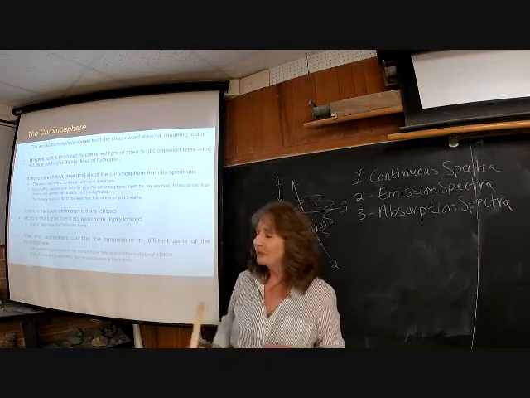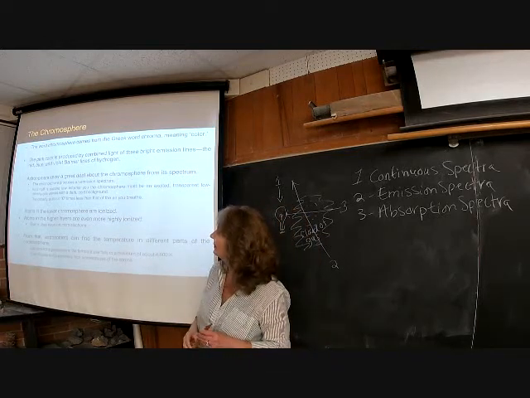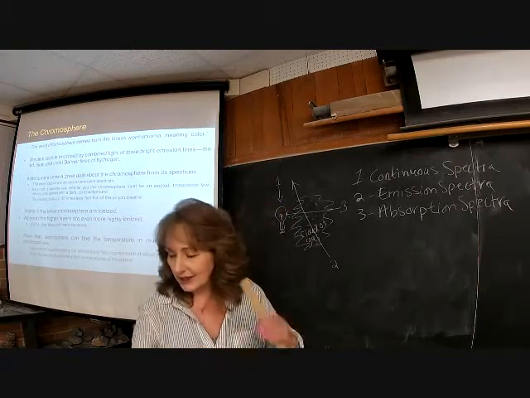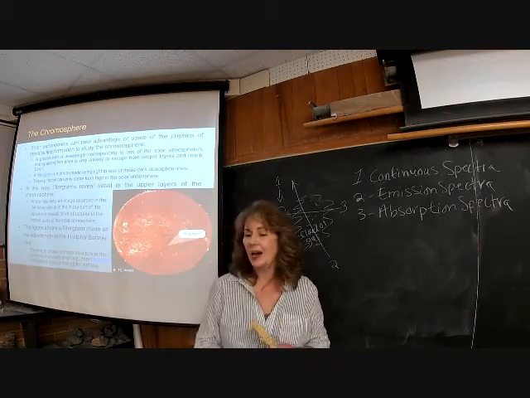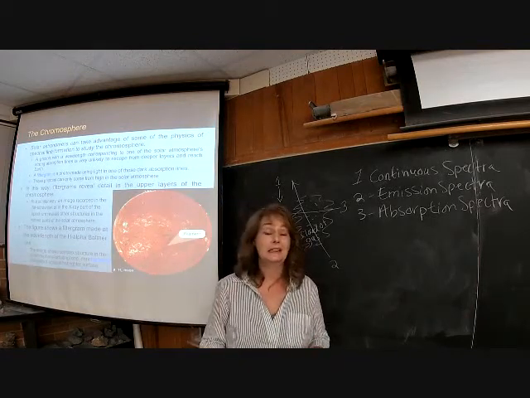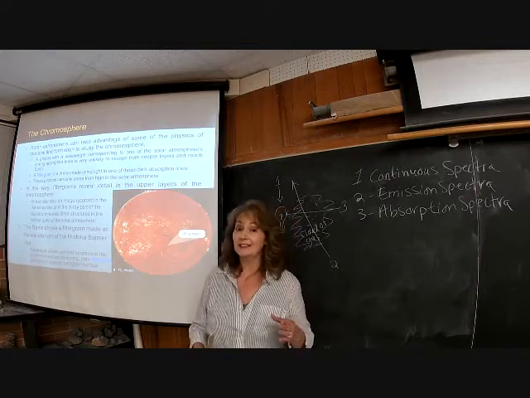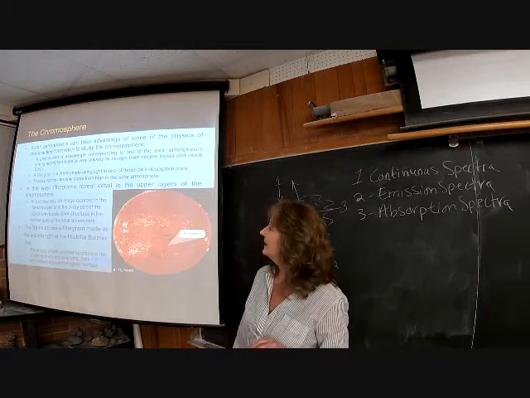Let's see, the Balmer lines, they're mentioning again a pink color overall. Taking a look at some of the different levels, they're giving you some of the temperatures there. Some ways that we can observe the sun, right? Because you're not supposed to look at the sun like Galileo did, and he went blind towards the end of his life because of it.